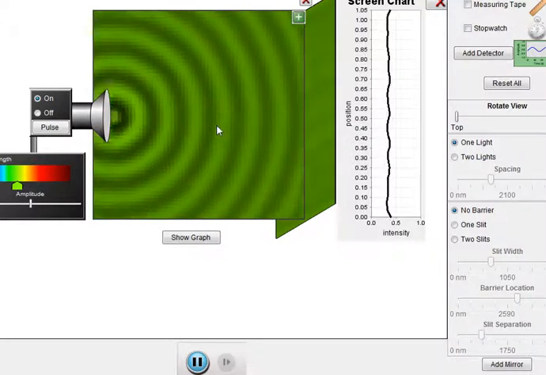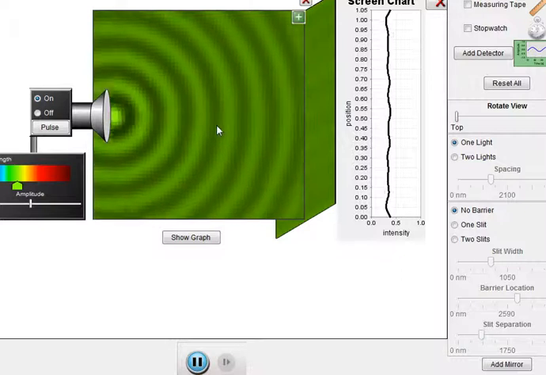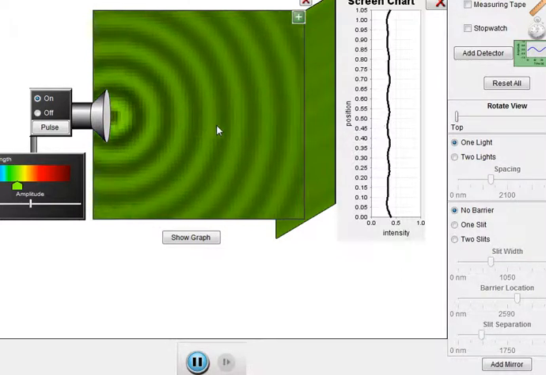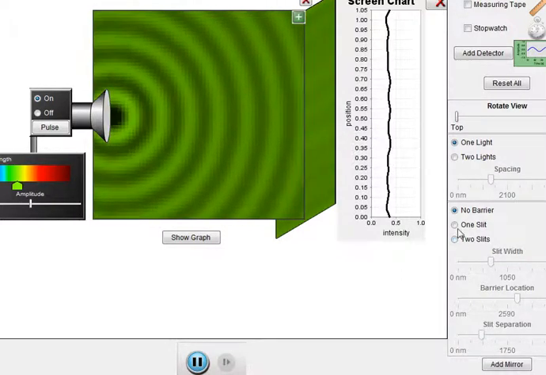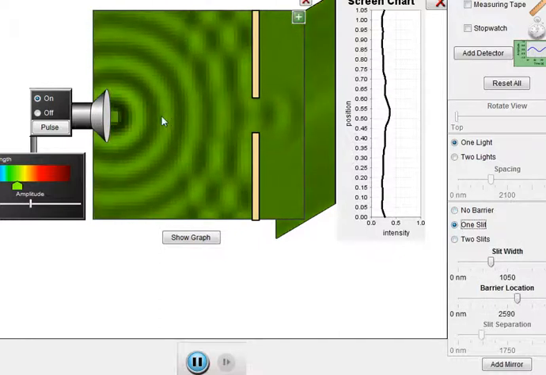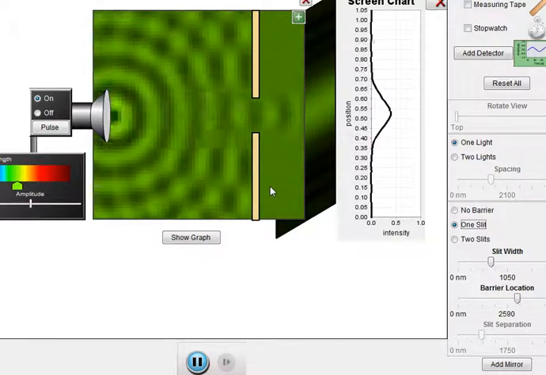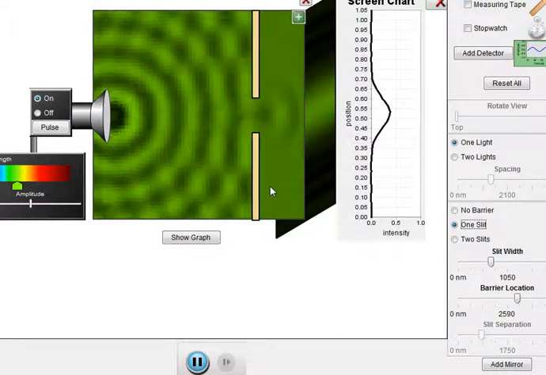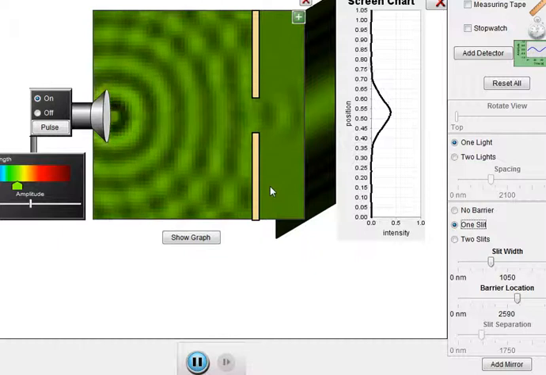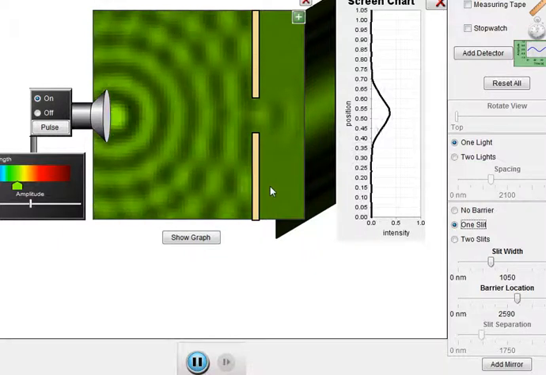Nothing's really happening here. But if you have some peaks and valleys forming, but it's coherent. This is coherent radiation. So if you add a barrier, something for it to travel through, this is diffraction. Because now you get some bright spots, but it's bending around an edge.